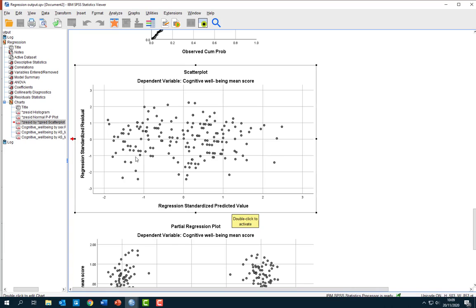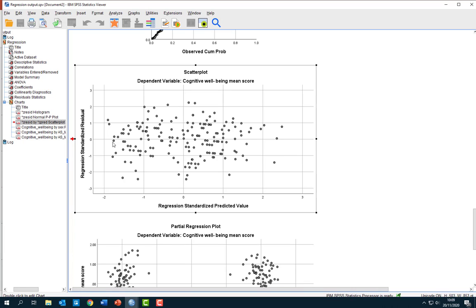If we have a really clear funneling effect, so that you've got a much wider spread of data points on one end of the graph compared to the other, then what that suggests is you have something called heteroscedasticity, which is where the model is much better at estimating scores at one end of the outcome variable than at the other end.